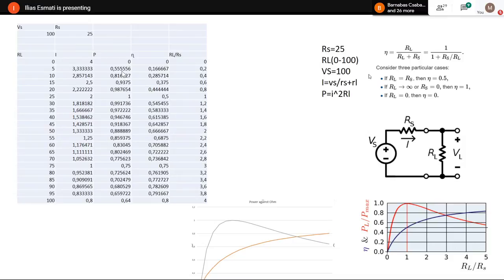Well, power is simply I squared times R. So if I know the current and if I know the resistance, then to find power is simply I squared times R. So for this example, I sweep the resistance from 0 to 100.